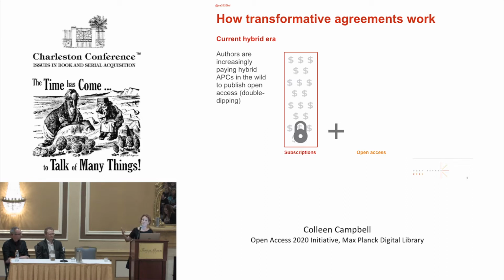In order to publish an article open access in an otherwise subscription journal, authors were asked to pay a hybrid article processing charge. What was the result? On one hand, libraries continued to subscribe to journals, but at the same time, a second revenue stream was generated on top of those subscriptions for open access publishing of articles in those same journals: the double dipping.